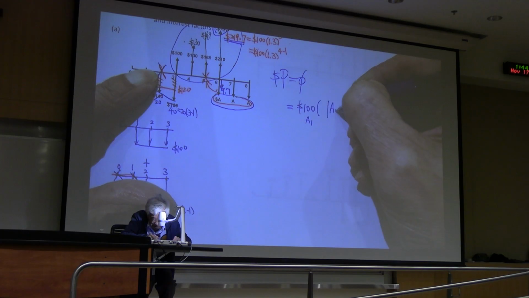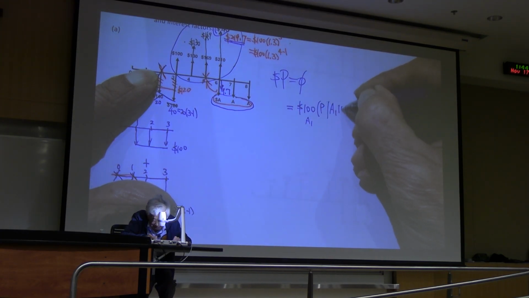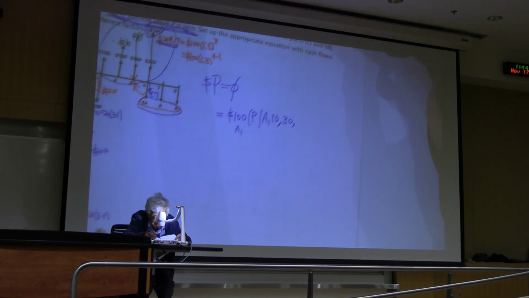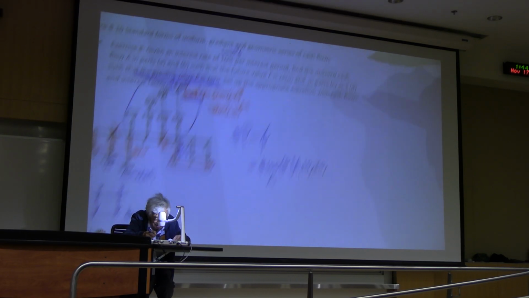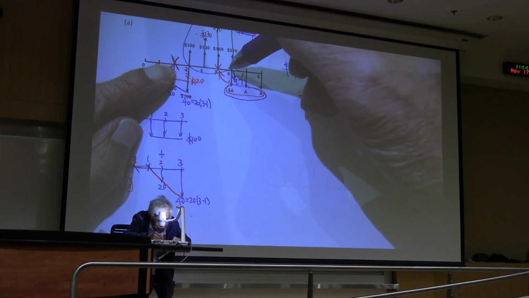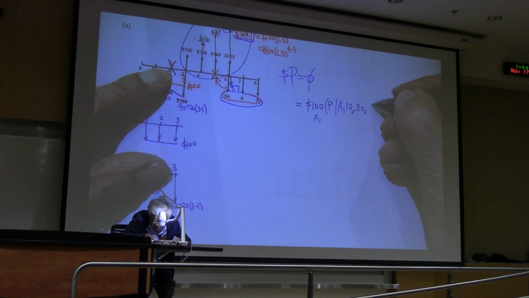Given A1 to find present value, 10% interest rate, 30% growth rate, you have 0, 1, 2, 3, 4, 5. That's 4 minus 1. This is 4.